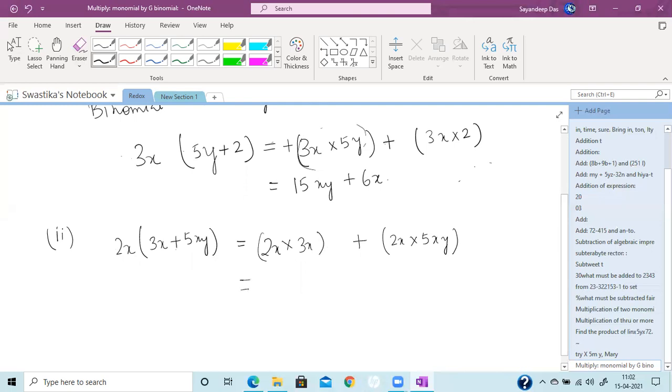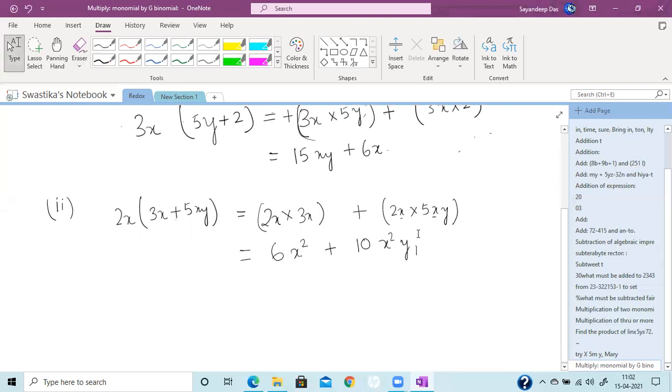So this will be equal to 6. 2 threes are 6, and x into x is x square, plus 2 into 5 is 10, and x into x is x square, and y is alone. So into y. So the answer is 6x square plus 10x square y.